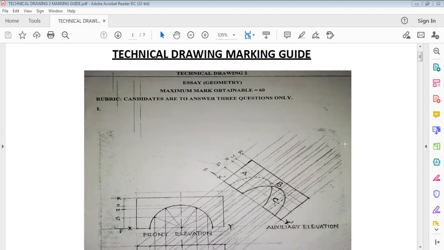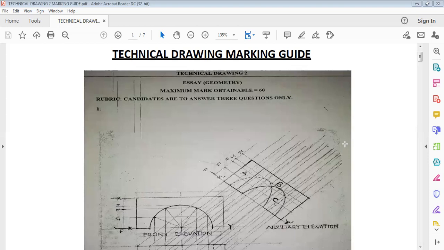You don't know how your exam paper will be marked. So what I want to do here is to let you know how your paper will be marked and what you are supposed to do so that you can do well and have good scores that will give you a better grade. So that is what I want to do now.